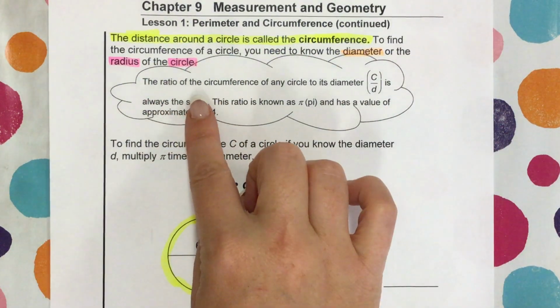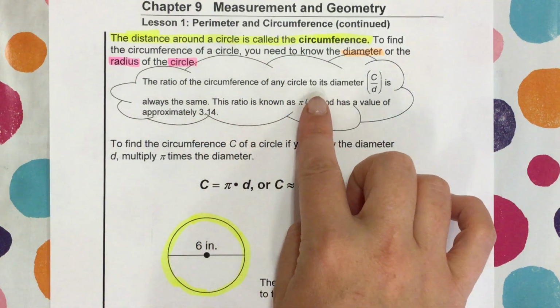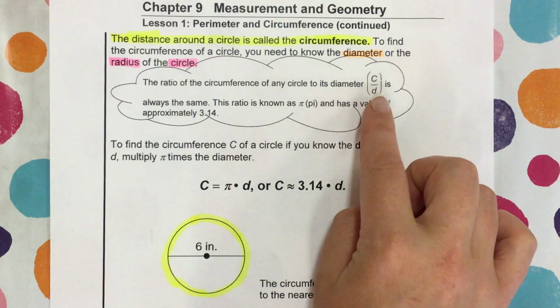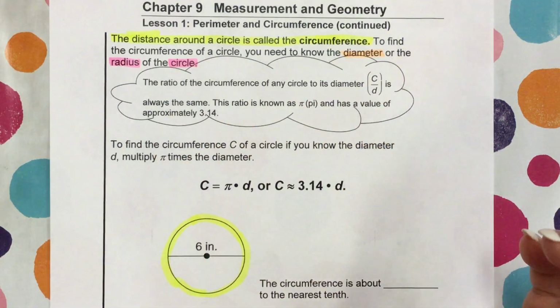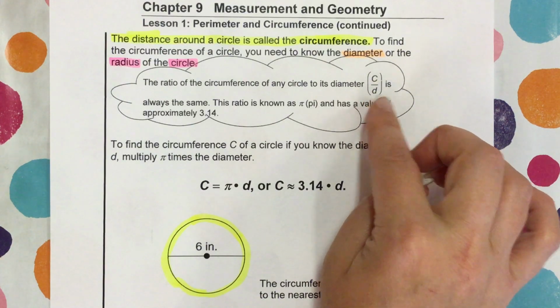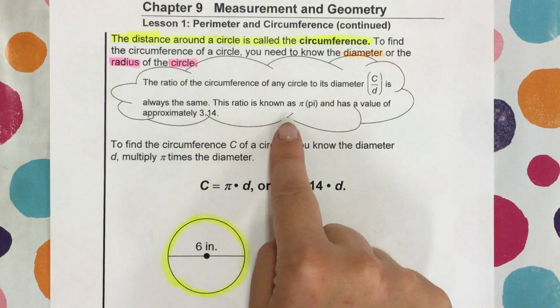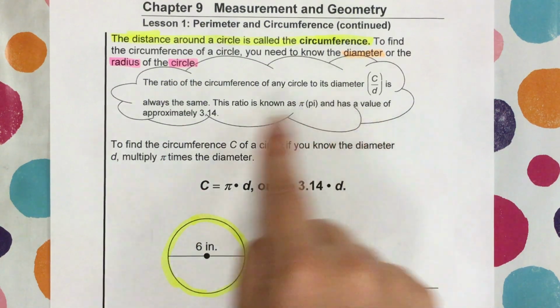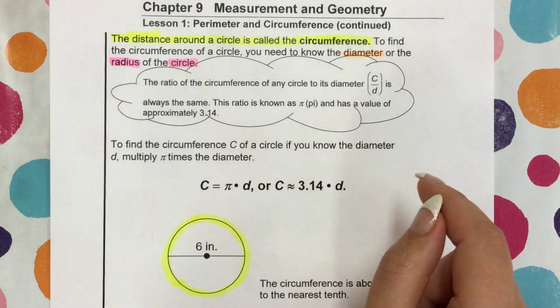The ratio of the circumference of any circle to its diameter, the circumference divided by the diameter, is always the same. So no matter what the circumference is, if you divide it by the diameter, it's always the same. This ratio is known as pi, okay? And pi has a value that is approximately 3.14.